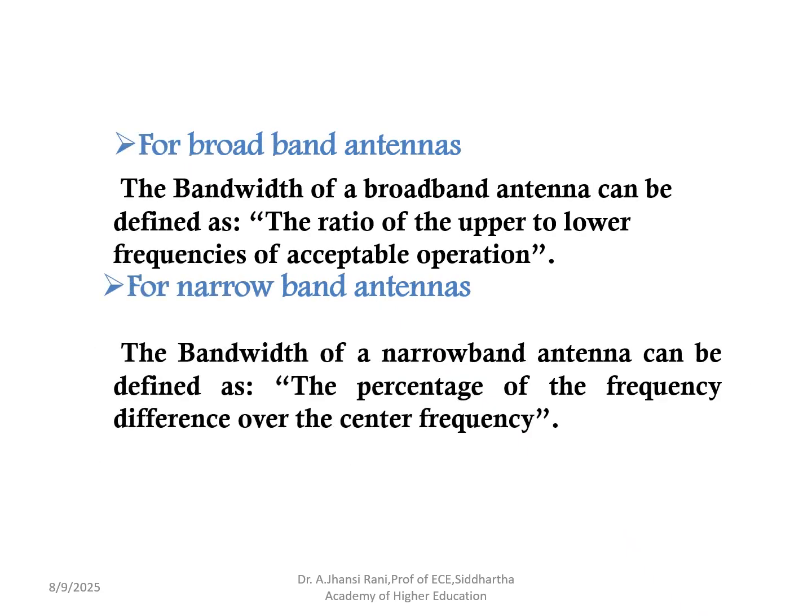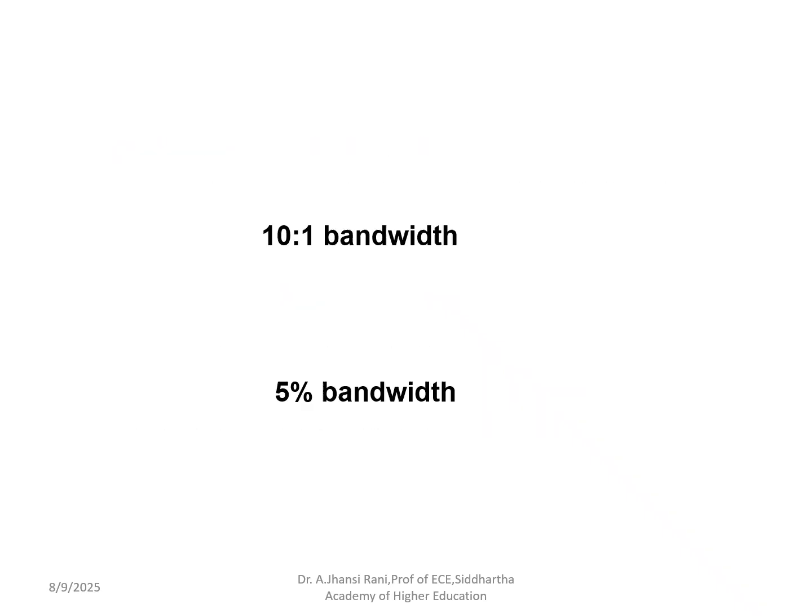For broadband antennas, it is the ratio of upper to lower frequencies within acceptable operation. If the percentage of frequency difference over the center frequency is small, then you can call it a narrowband antenna.